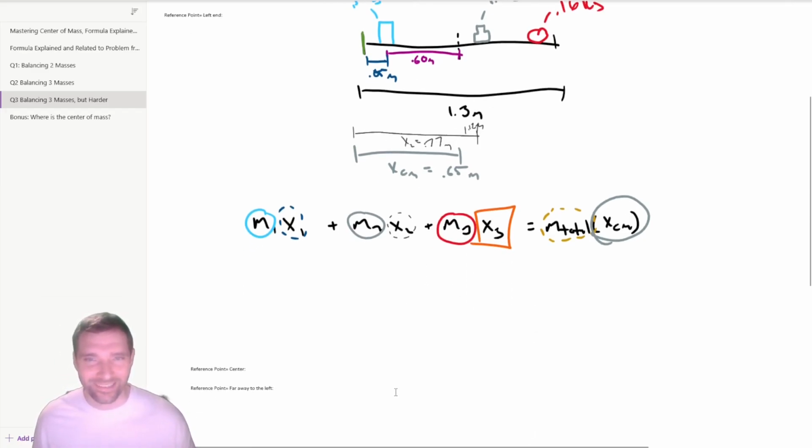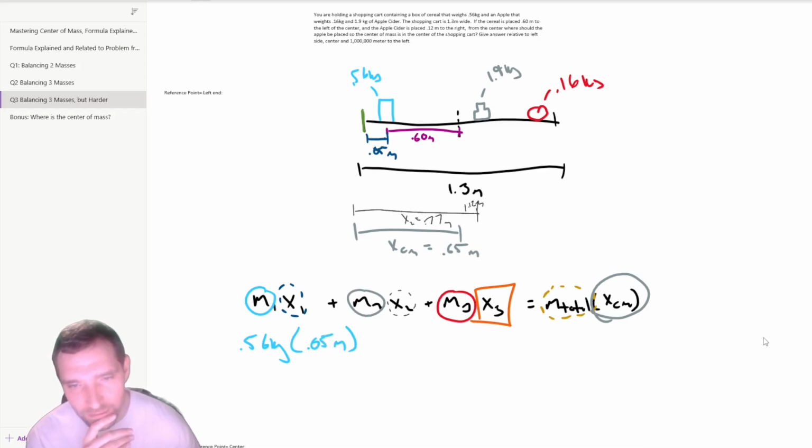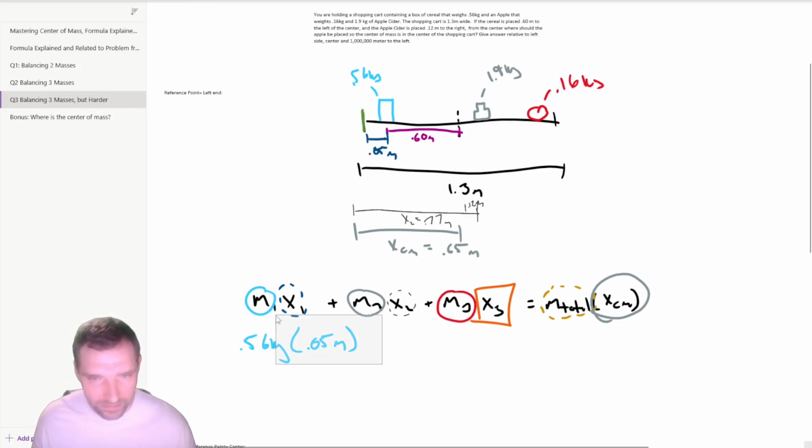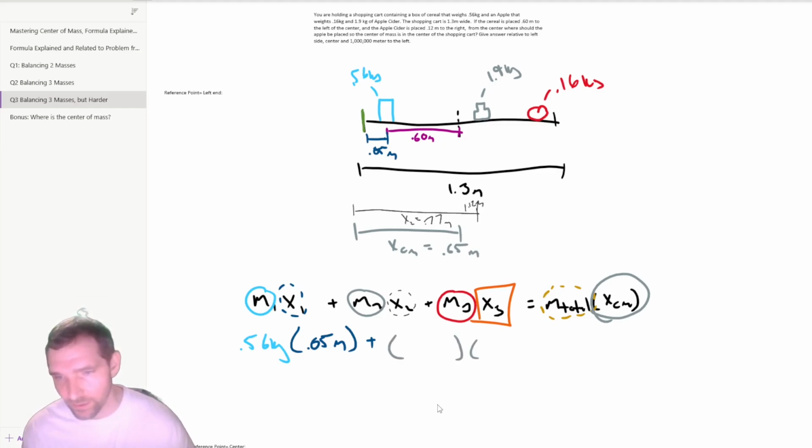So let's go ahead and do that. We got our 0.56 kilograms for M1, the cereal box, times its displacement, 0.05 meters. Yep, that does look like the correct number for mass with that displacement. I'd say it's worth double checking each variable on these longer problems, honestly.